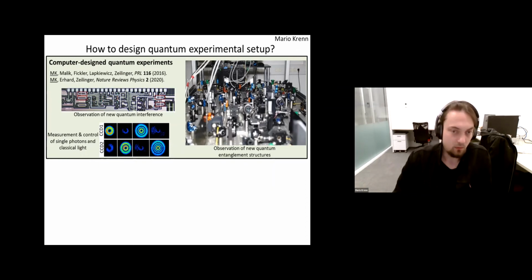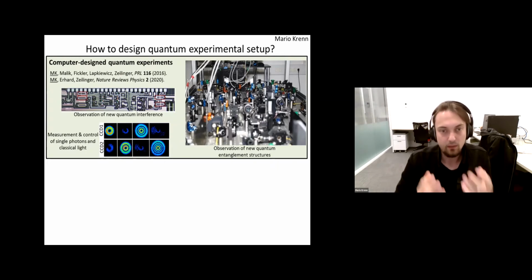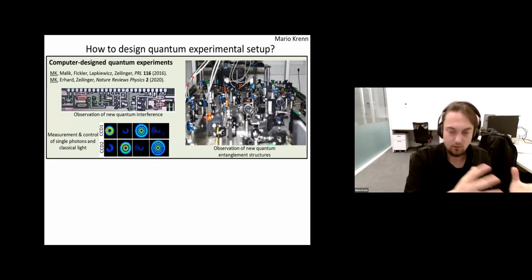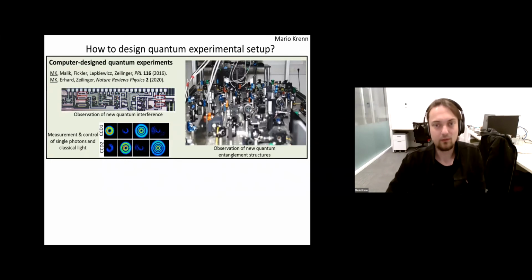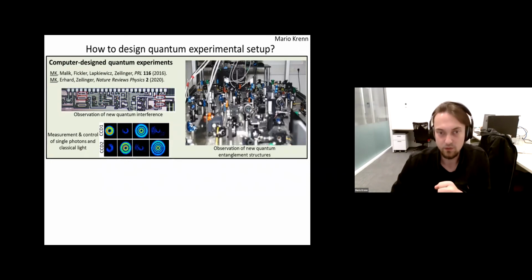And I looked into the literature, but it seemed that this question was basically not addressed in physics. So there was no way I could use some knowledge from others and apply it in quantum physics.